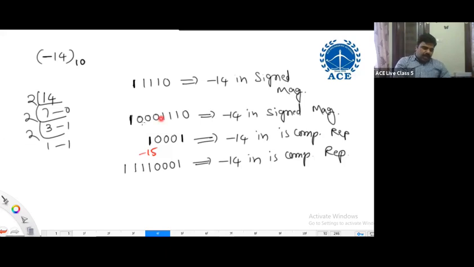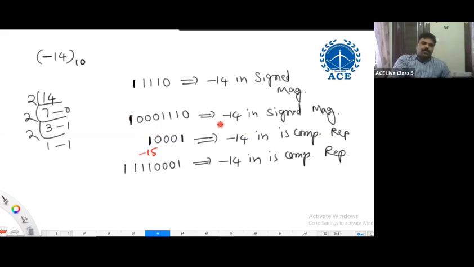But in this case, when the number of bits required for magnitude is only 4 bits, 1, 1, 1, 0, and I need to represent the same magnitude using more number of bits, there I need to append with zeros only. When you are extending only the magnitude in signed magnitude representation, sign is separate. And magnitude is 0, 0, 0, 1, 1, 1, 0, which is again 14.